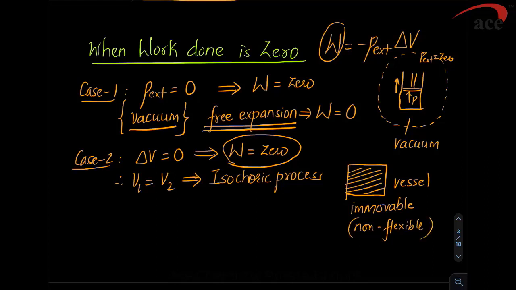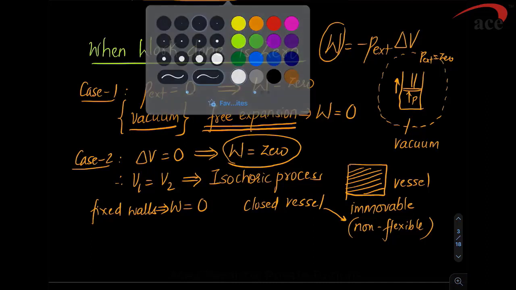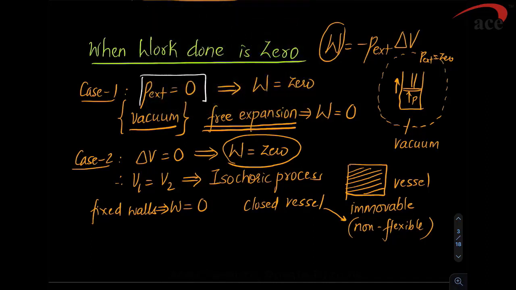When you have fixed compartments or fixed walls, there will be no change in volume, so work done will be 0. That means work done will always be 0 in a closed vessel with non-flexible walls. So, work done will be 0 in two cases: when external pressure is 0, that is vacuum or free expansion, and when delta V is 0.